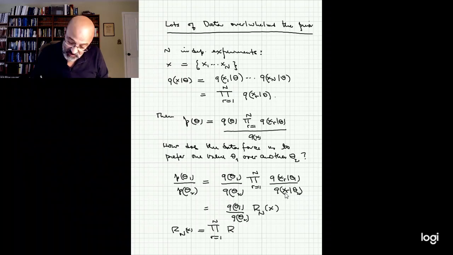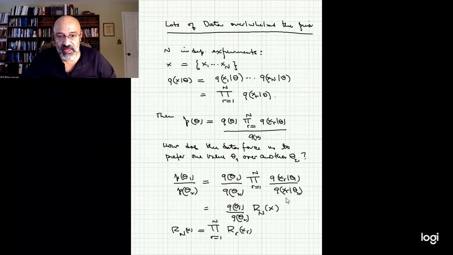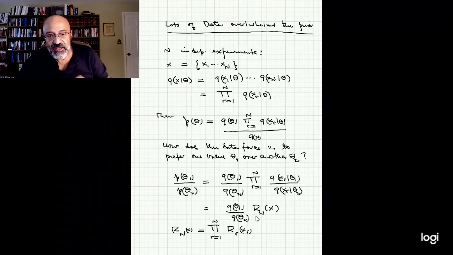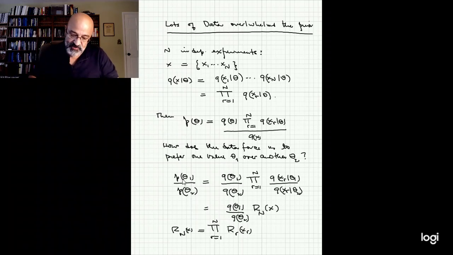So I'm going to call this R(xr). Very good. So what we would like to show, so this is the theorem. The theorem says that we expect that if theta 1 is the correct value, then as n goes to infinity, the probability of theta 1 divided by the probability of theta 2 should become very, very large. In fact, if theta 1 is the correct value, the probability of theta 2 should go to 0, right? And so this should go to infinity. So that's what our theorem is supposed to be.